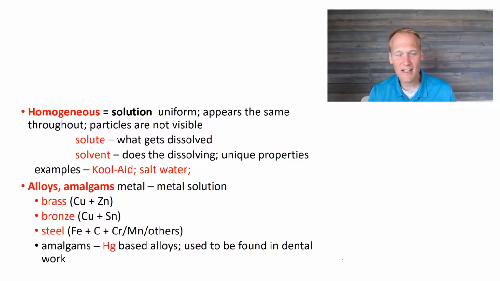So stainless steel, brass, bronze, those metals that you think of that aren't on the periodic table because they're combinations of elements on the periodic table, those would be examples of alloys. An amalgam is simply an alloy that has mercury in it. We used to use amalgams for dental work before we got more synthetic materials that worked better and are a little more white and match the color of teeth.